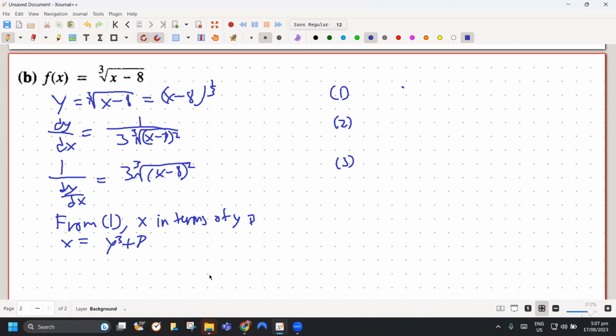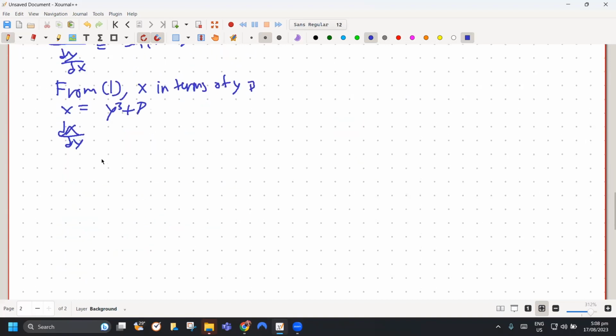What is dx/dy? From the previous equation, if you take the derivative with respect to y, x is y cubed plus 8. So what is the derivative of x with respect to y?